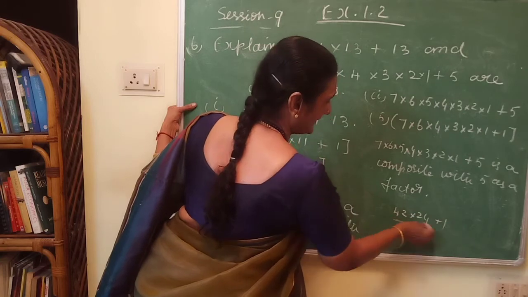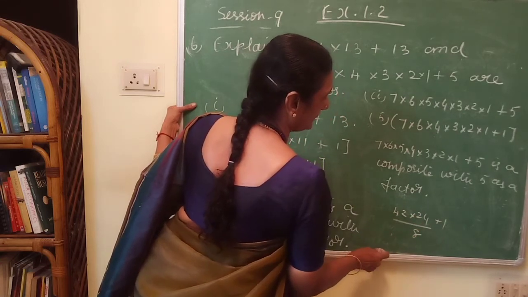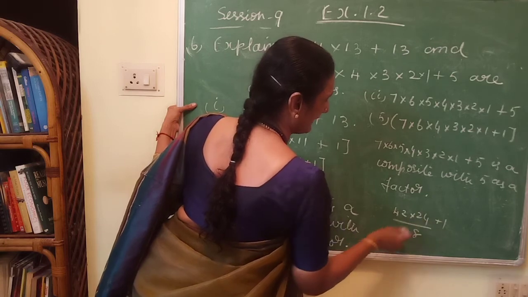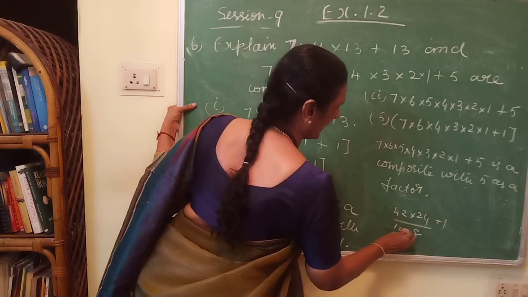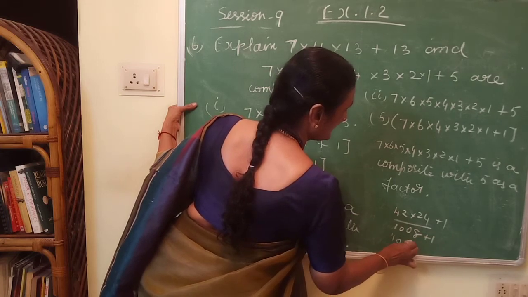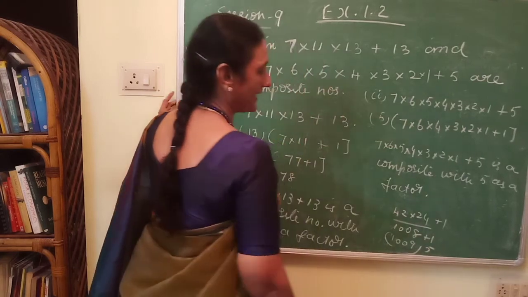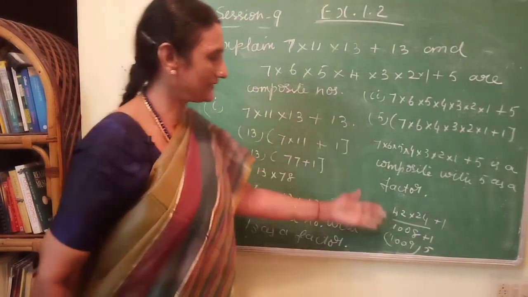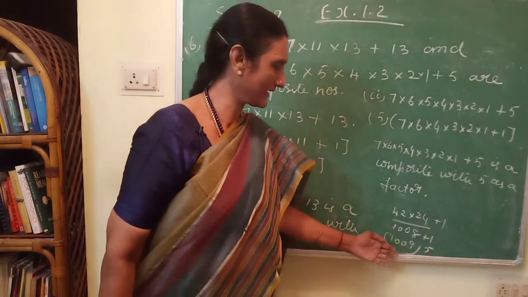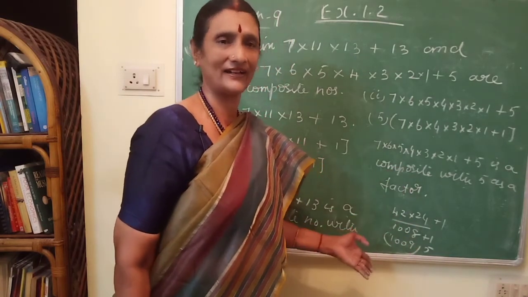Now multiply this. 24 2s are 48. 4 carry over. 24 4s are 96 plus 4 gives you 100. So you'll get 1009 multiplied by 5. Therefore, you are able to write this as a multiple of 5. It is only a rough work. It is for you to understand. I have written like this.